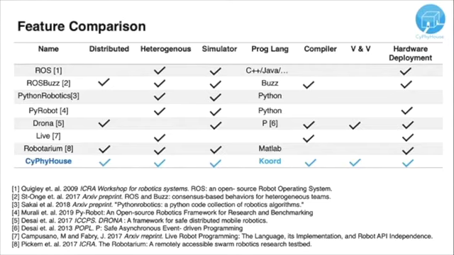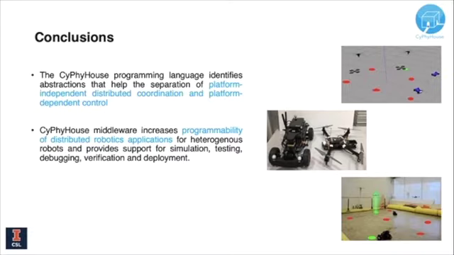In conclusion, the CyPhyHouse toolchain with its high-level programming language abstracts away low-level platform-specific control and platform-independent coordination details from the users. CyPhyHouse is intended for interfacing with and complementing existing tools which roboticists commonly use, like ROS. We believe that it provides easy integrations with popular platforms by almost any user.